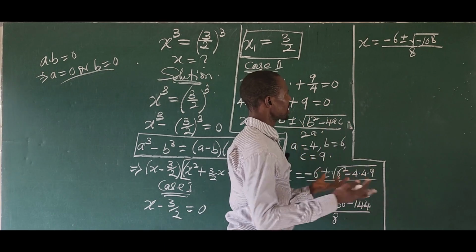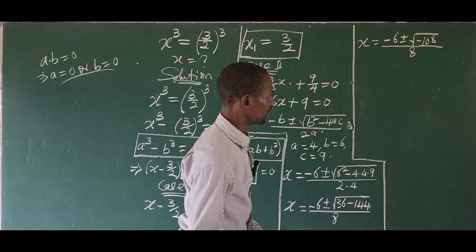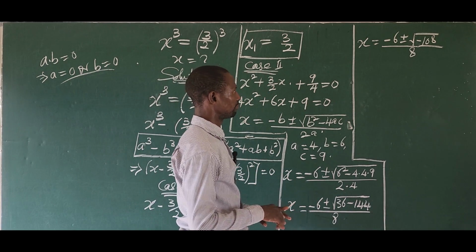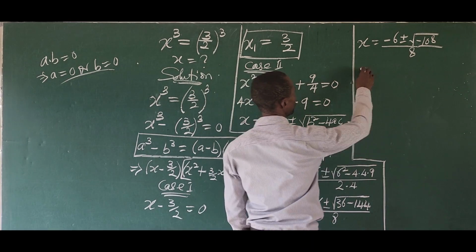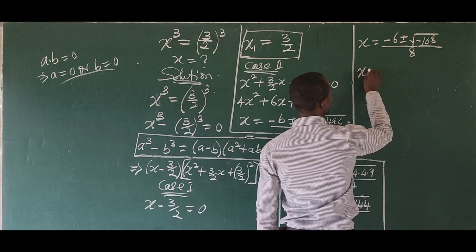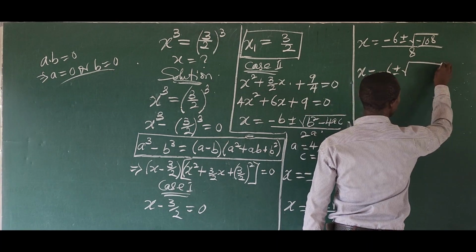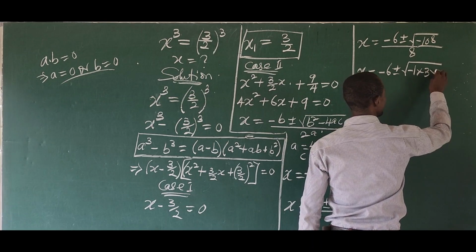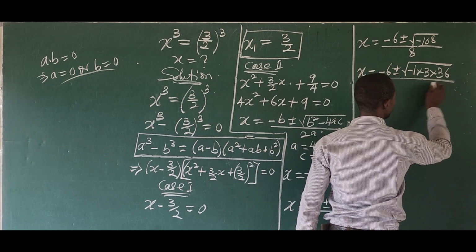But we can simplify 108. If we divide 108 down, that will give us 36 times 3. So we can rewrite the whole of this expression as minus 6 plus minus the square root of minus 1 times 3 times 36, all over 8.